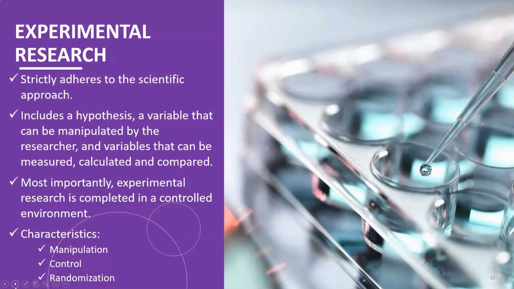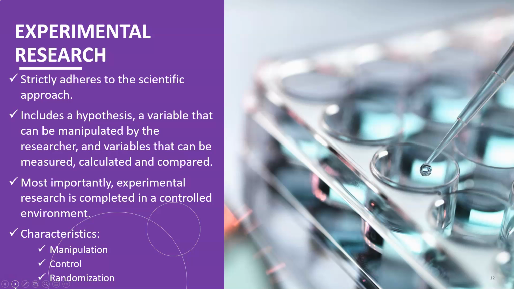Now, experimental research is the next one that we're going to take a look at. Experimental research is really considered to be the one type of research that we always think about when we think about research, right? It strictly adheres to the scientific process.